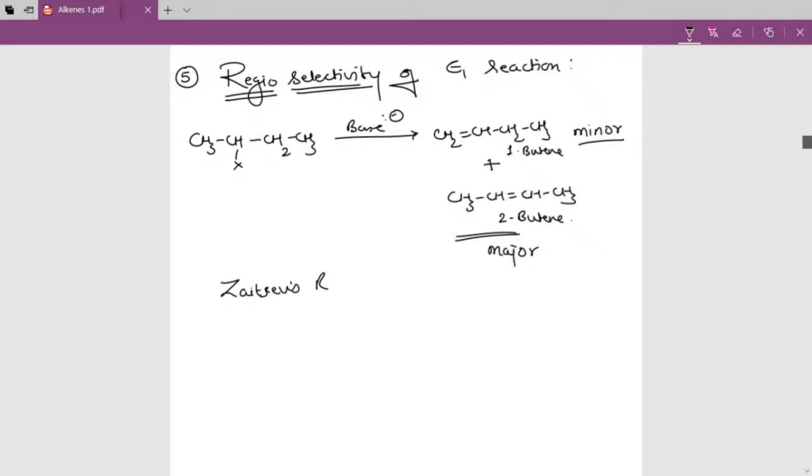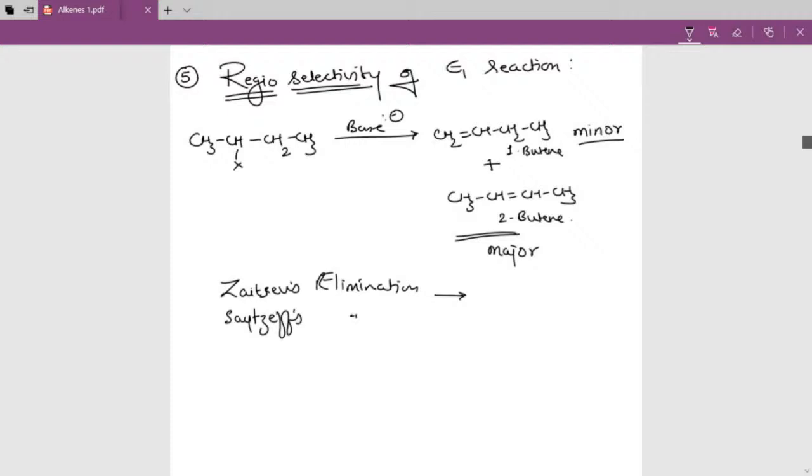or Zaitsev's elimination. Now, there are different spellings which you may come across. Just don't pay any heed to what spelling is there. It could be Zaitsev or it could be Saytzeff's elimination also. Okay.